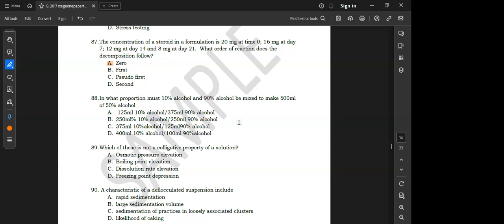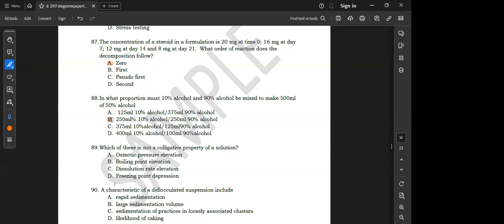In which proportion must 10% alcohol and 90% alcohol be mixed to make 500 ml of 50% alcohol? Go on. Oh, the calculation, alligation.